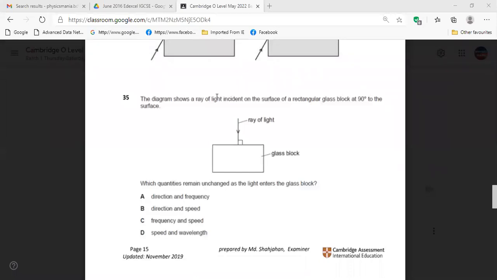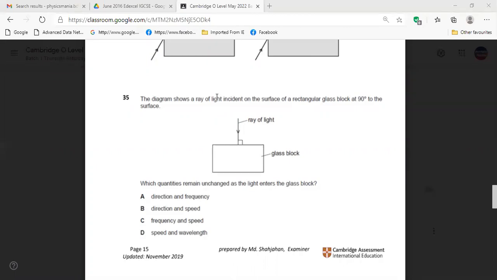Okay, look, what they are saying: which quantities remain unchanged as the light enters the glass block? We got one thing very common, that is always for the same source the frequency remains the same. We got it in topic 13.